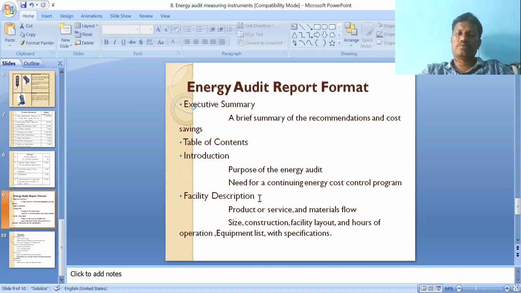Then facility description: product or service and materials flow, size, construction, facility layout, hours of operation, and equipment list with specifications. This information comes from the energy audit final report.